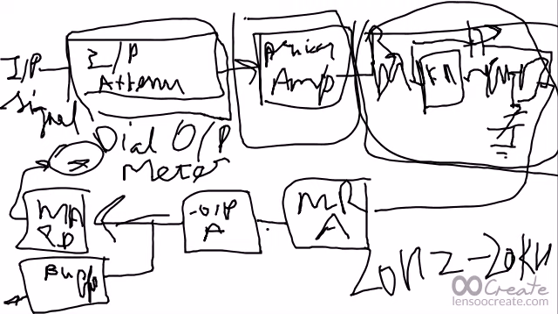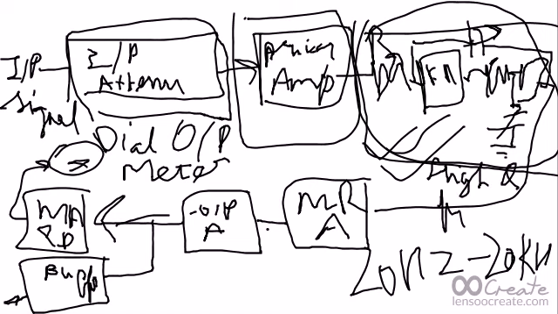Now the filter section, that's the main part. The filter section has a narrow passband filter that I already told you about. It can be tuned to a particular frequency within the audible frequency range. It is also called a high Q filter because it has a high quality factor.